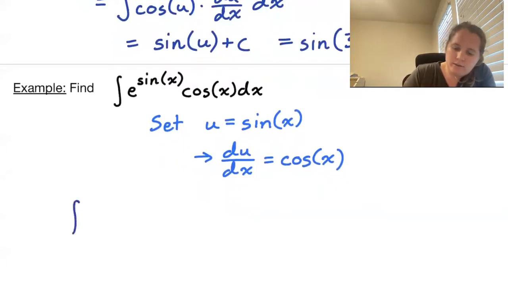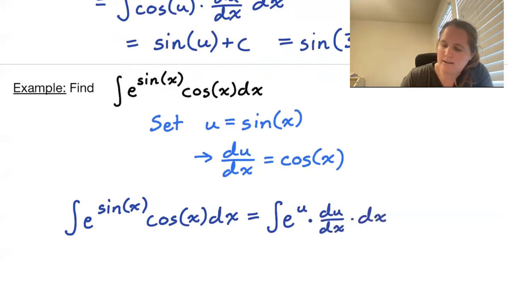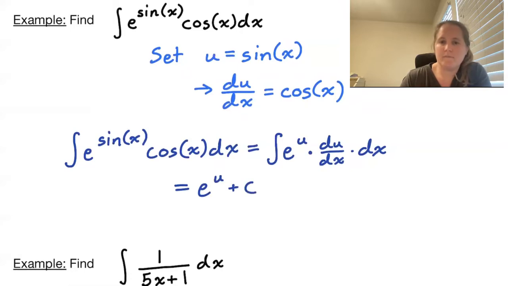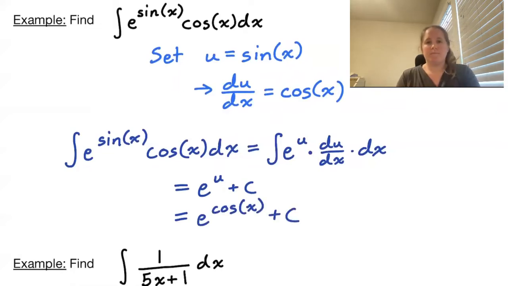So the integral of e to the sine of x, cosine of x dx is equal to the integral of e to the u times du dx times dx. This integral we know. This just becomes e to the u plus c, or plugging back in, e to the sine of x plus c.